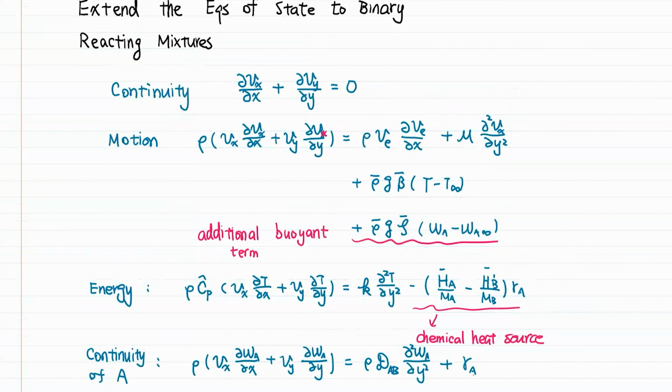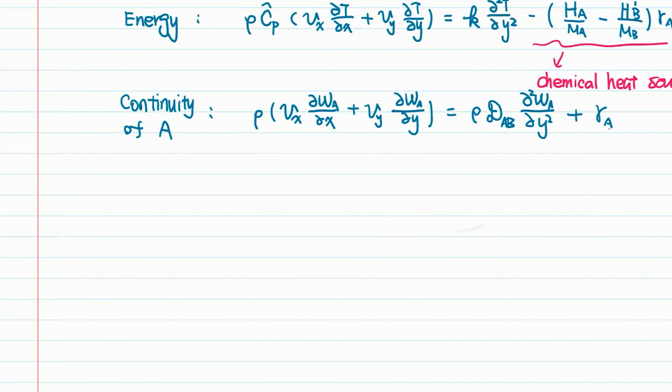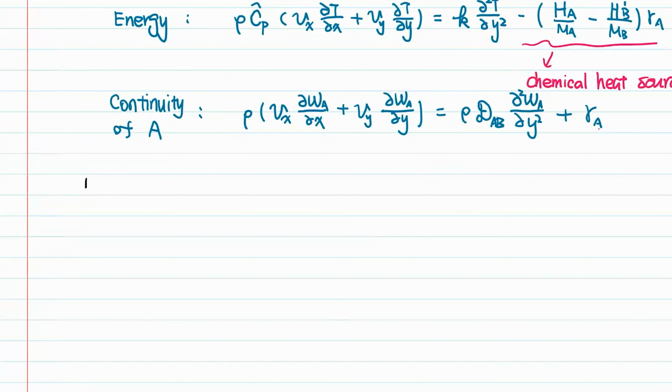And let's take a look at the common boundary conditions. So we'll call these the usual boundary conditions. So first, let's just use the black pen. So again, we have the no slip condition. So V sub x equals to 0 on a solid surface.